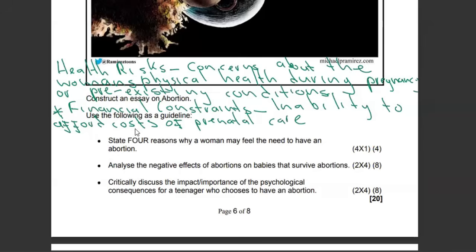In addition to that, childbirth and raising a child. It's very, very expensive to raise a child. So these are some of the reasons: financial constraints, inability to afford the cost of prenatal care, and childbirth and raising the child.